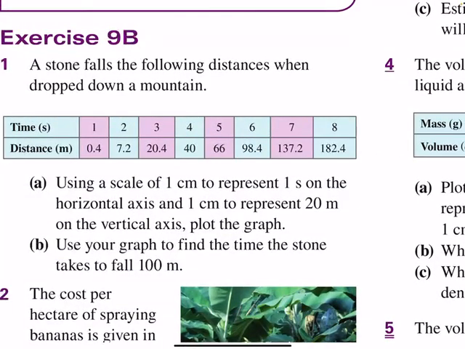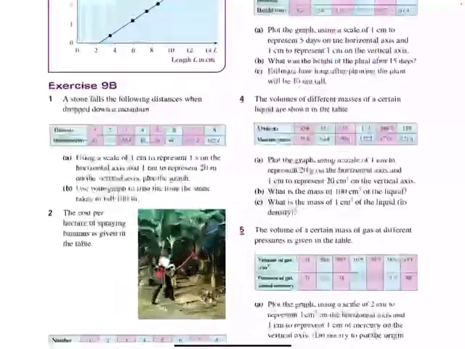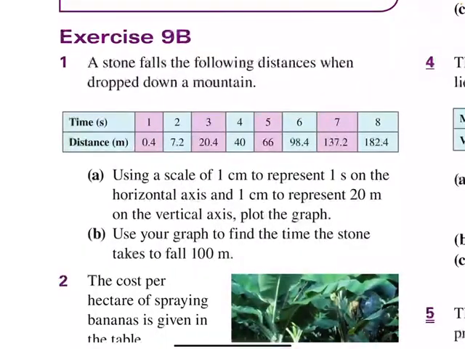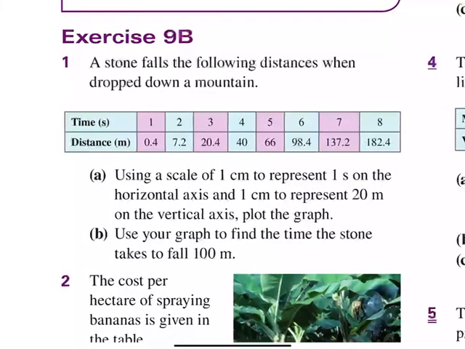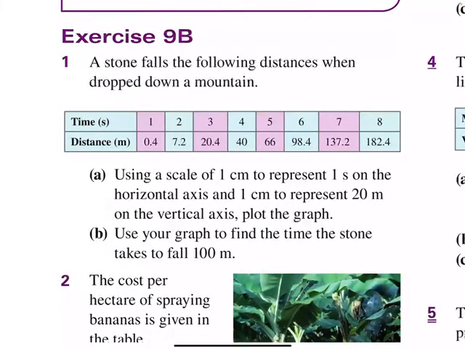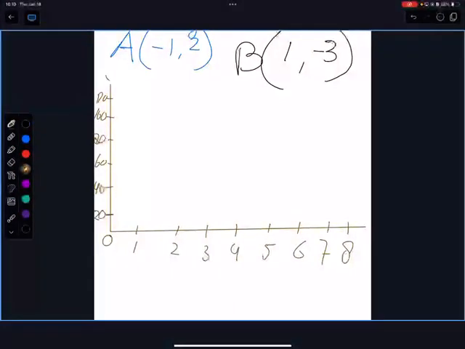All the values that are in the table need to be shown in the graph. So how do you fill it in? 1 is 0.4 to 7.2. It will not be precise.